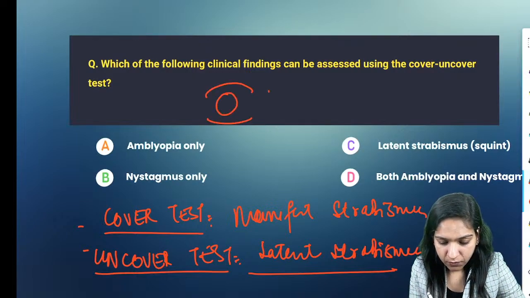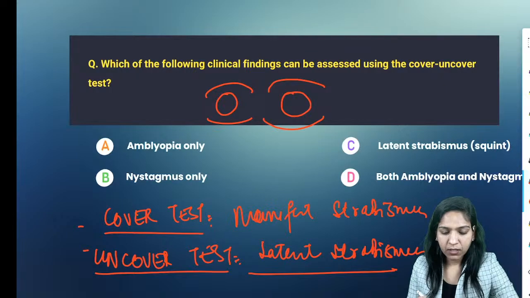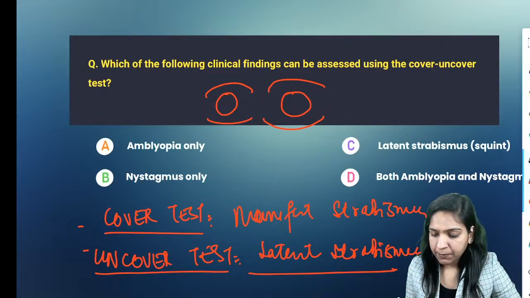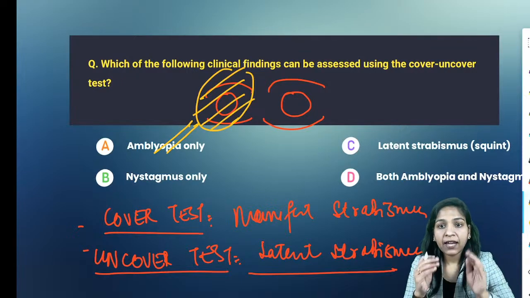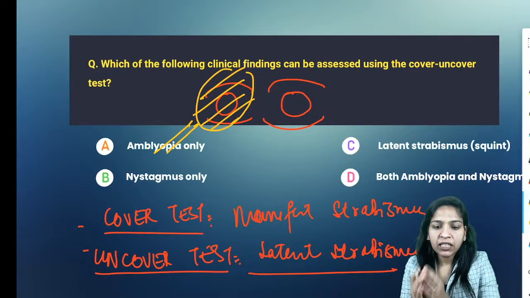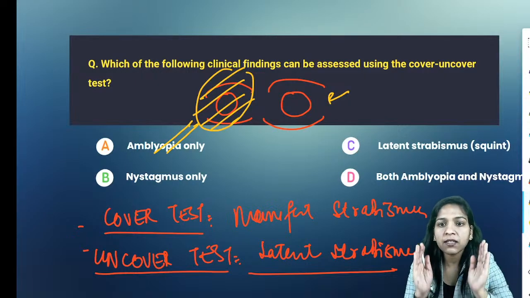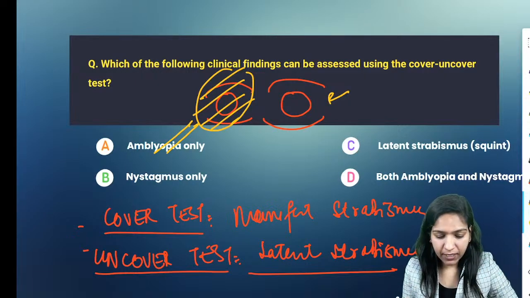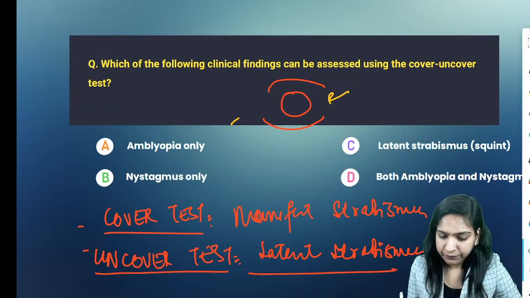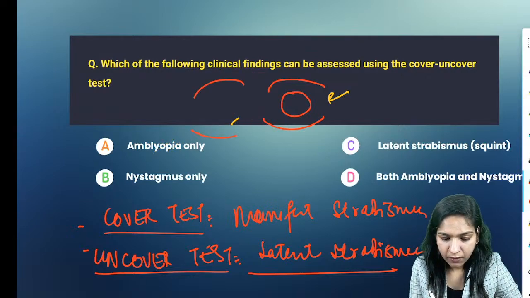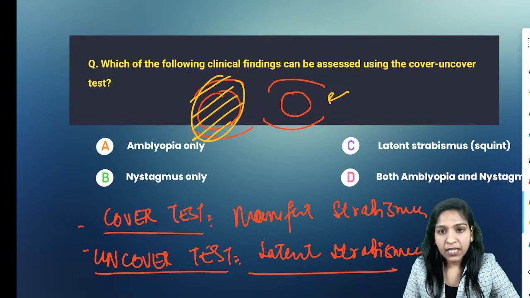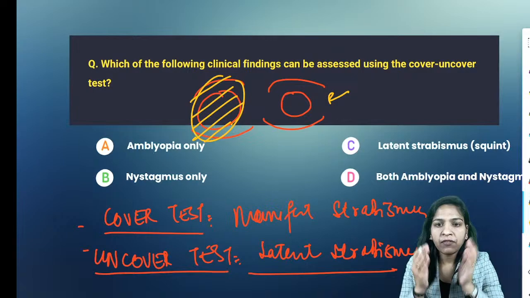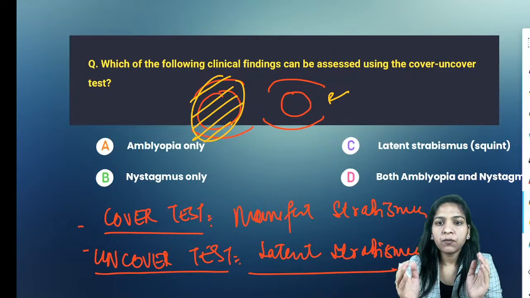For the cover test, I will cover the right eye and check the movement of the left eye. But in the uncover test, I will cover the right eye, and if it is a latent strabismus, the right eye will move in the direction of the strabismus under the cover.